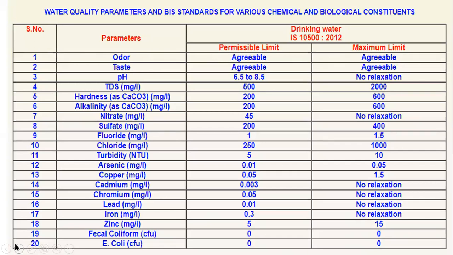Parameters you understood. So you should remember the limits. Odor: agreeable. Taste is as per perception, no? So these kinds of taste change person to person. That's why it is written agreeable.